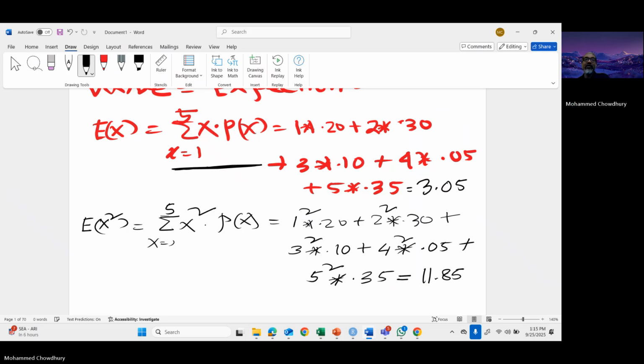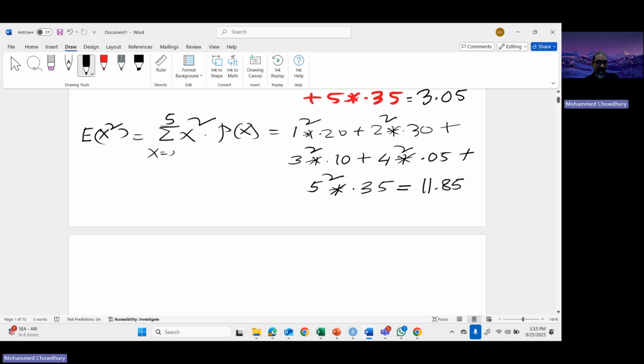So now the variance of x is obtained by the expected value of x square minus the expected value of x, whole square.